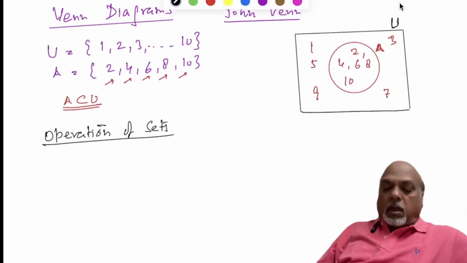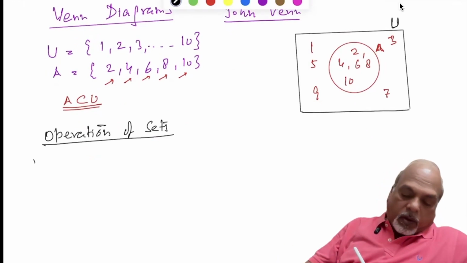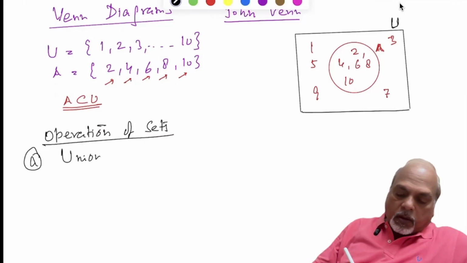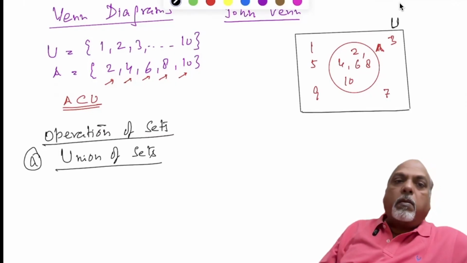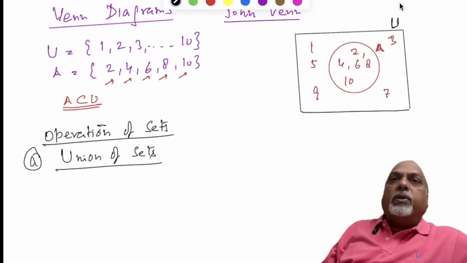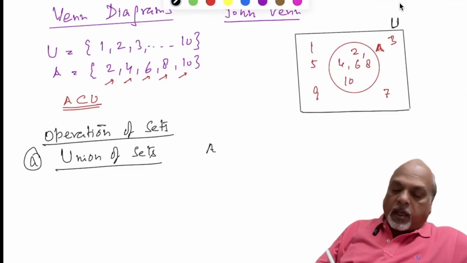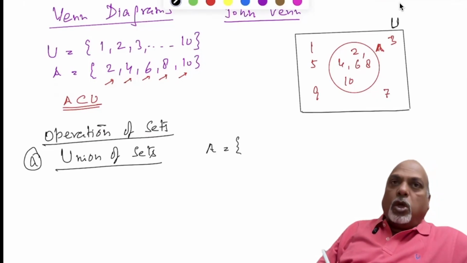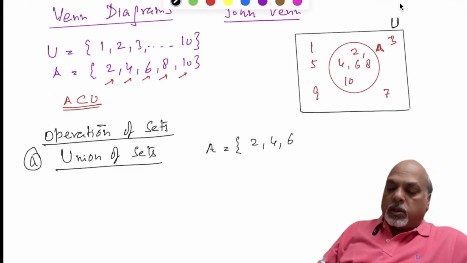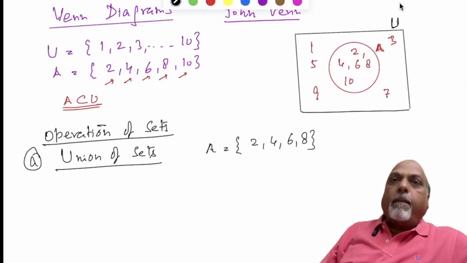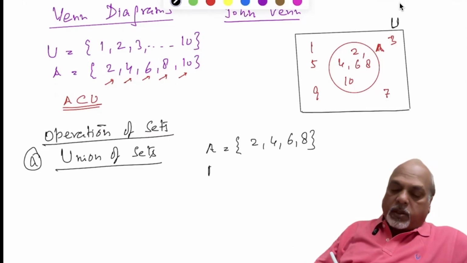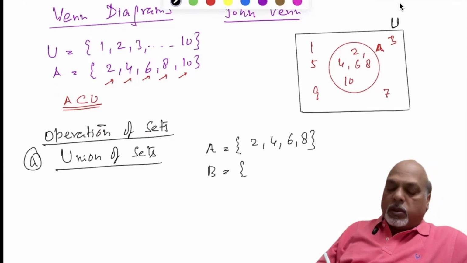Let us define first the union of sets. Union of sets means, if A and B are two sets, like A is 2, 4, 6, 8, and B is, suppose, 6, 8, 10, 12.